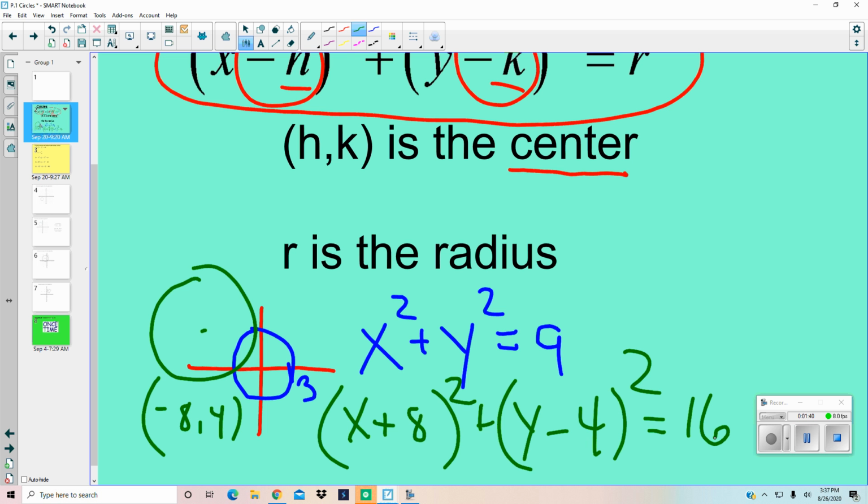So you square whatever the distance is from the center to the outside, which is the radius.